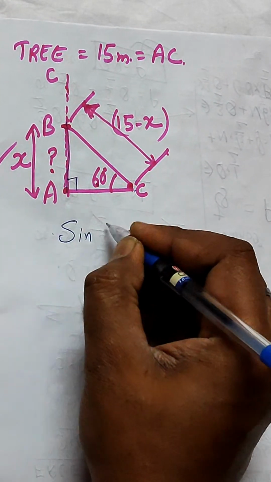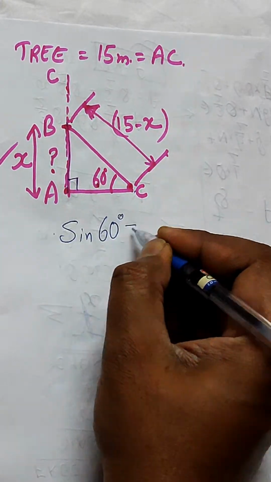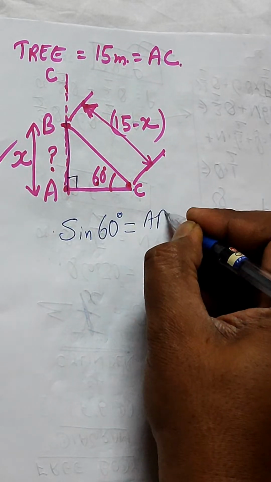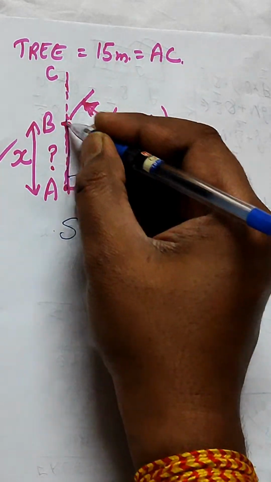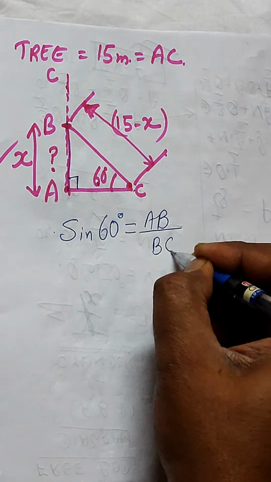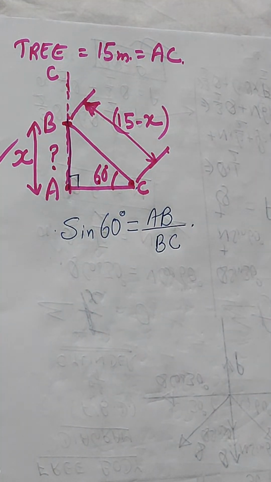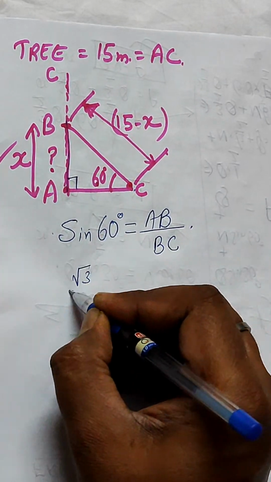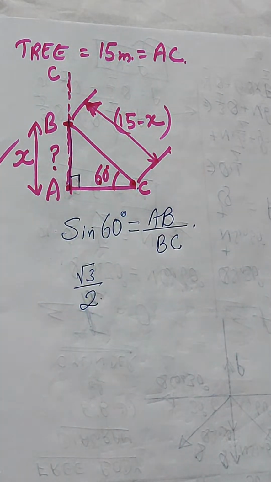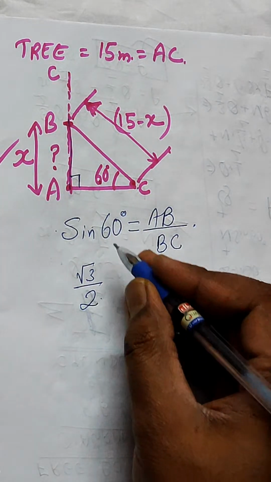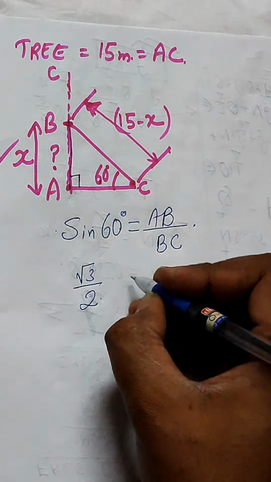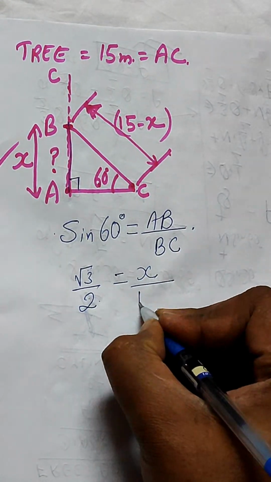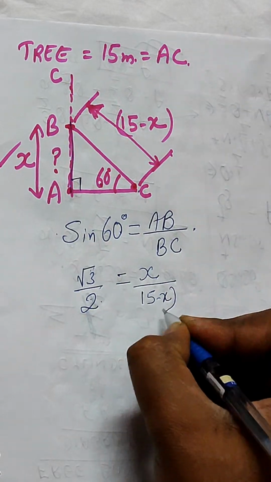So sine of 60 degree will give you the relation between AB, that is your perpendicular, by BC, that is your hypotenuse, right? And sine 60 degree is root 3 by 2, and AB is x, then BC will be 15 minus x, right?